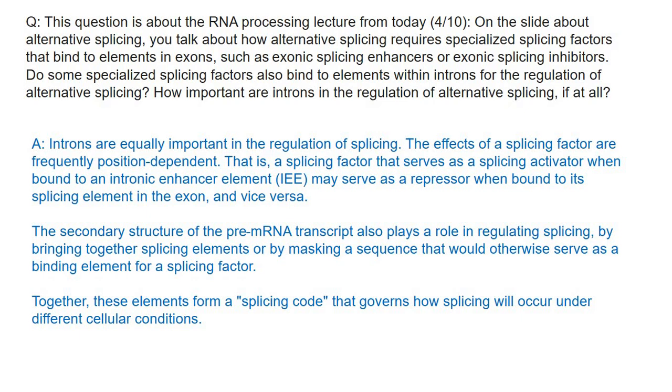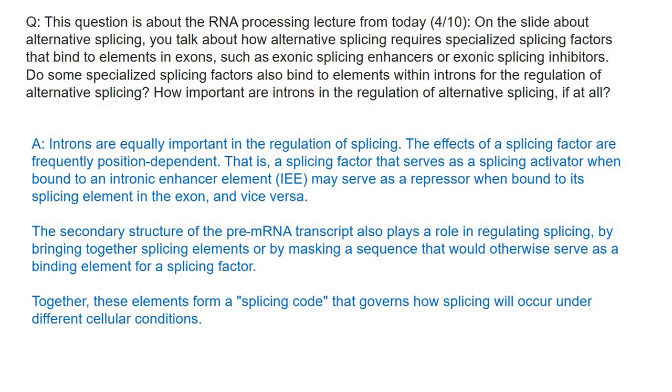The secondary structure can bring splicing elements together, because this mRNA might be a long molecule, but once it folds onto itself, it can bring the splicing elements together. Or it can mask a sequence that would otherwise serve as a binding element for a splicing factor. That way it will be a splicing repressor. It will not let splicing happen in that place.